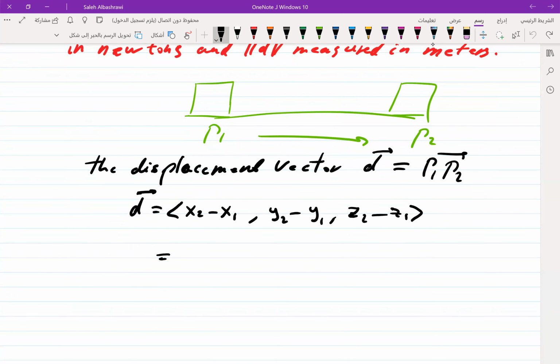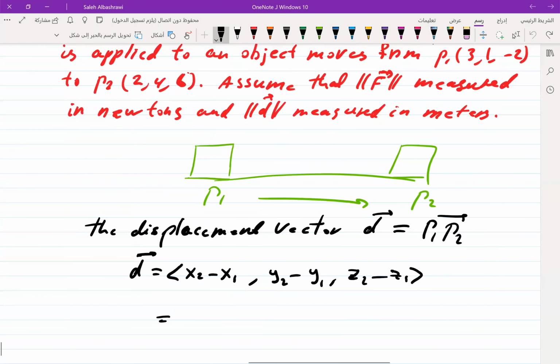This is equal to 2 minus 3, y2 is 4 and y1 is 1, and z2 is 6 minus (-2).